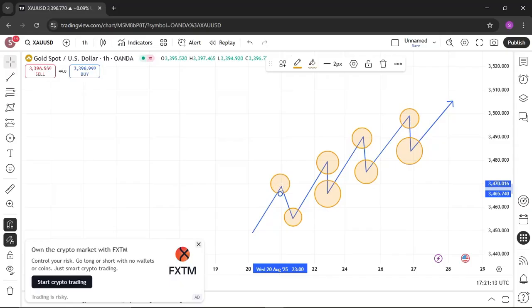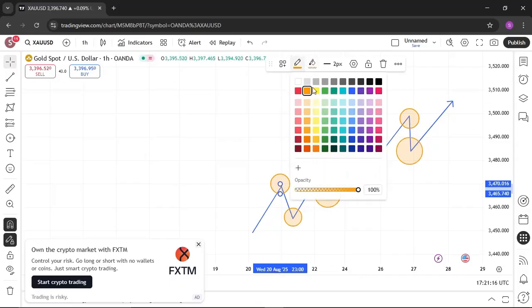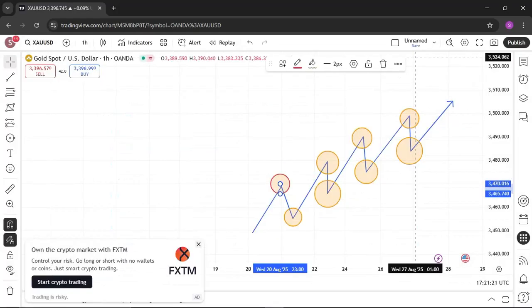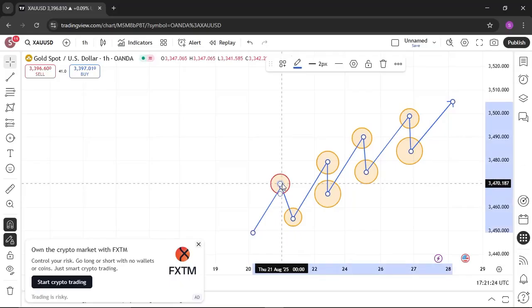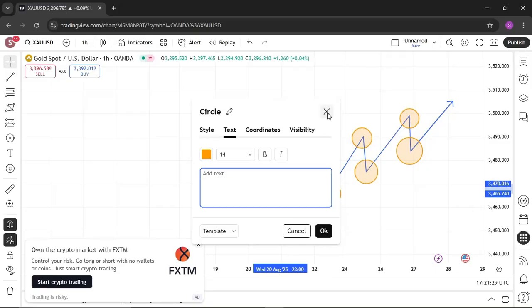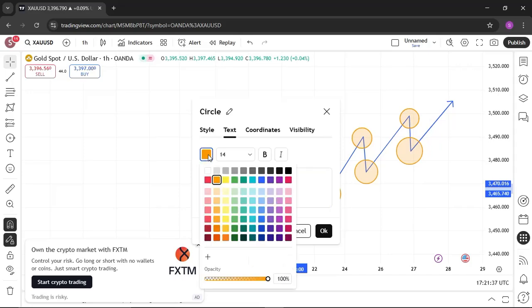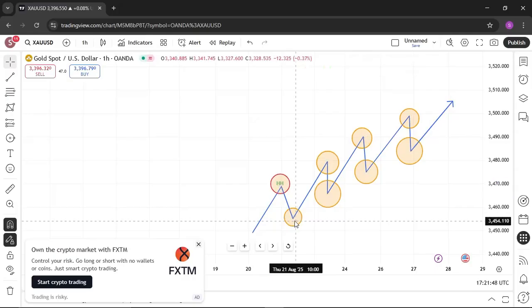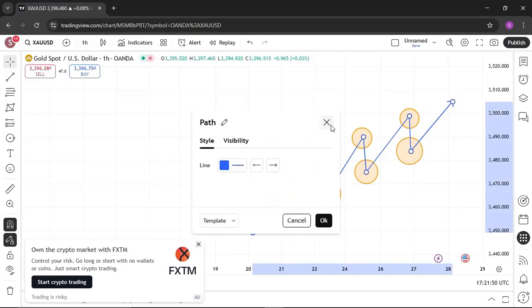Let me write higher high there. Let me just change the color so that you understand better. So this is higher high, while this place is higher low.